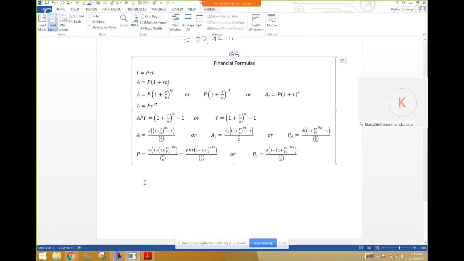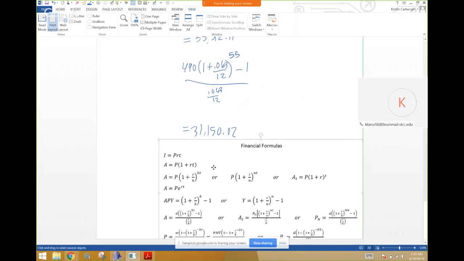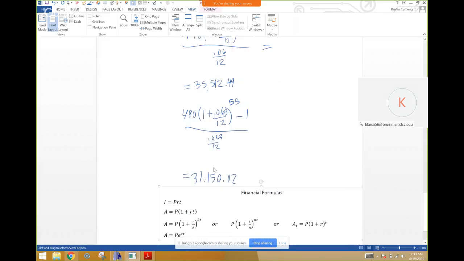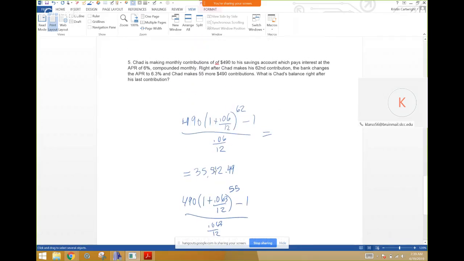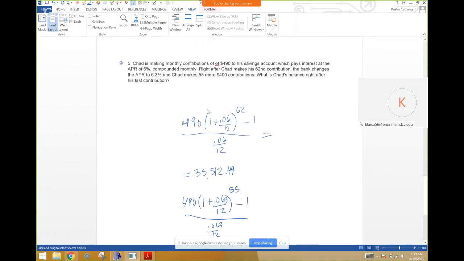I was kind of going too quick before I started this. Okay, I need a parentheses around these, right? I need to minus the 1 before I multiply with 490.